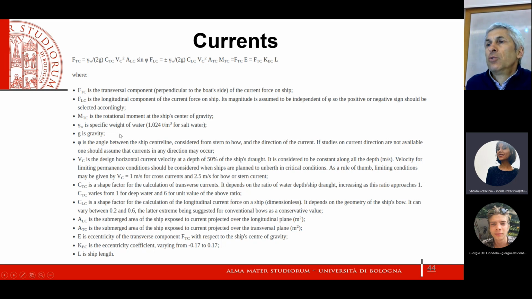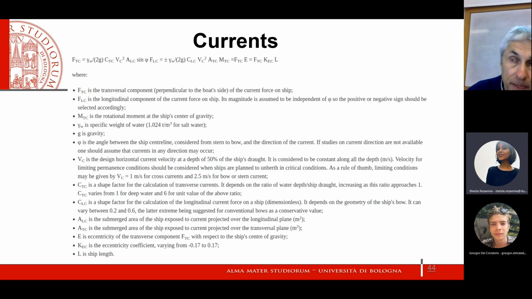I just wanted to give you an order of magnitude of what the velocity of a current could be. It's not a huge velocity. It can range between 1 and 2 meters per second, which is significant, but take these values as already very significant values. These are the values where you can find a significant additional forcing.